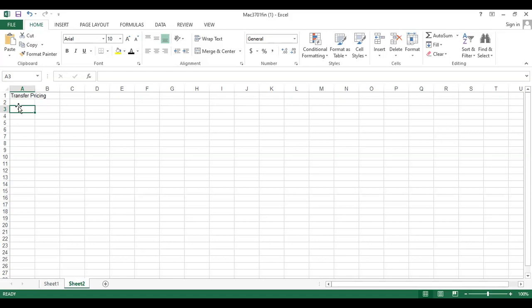So now it's a circumstance where, say, one division's inputs are the outputs of another division, within the same organization. It's like what maybe you guys would have done in group accounting.